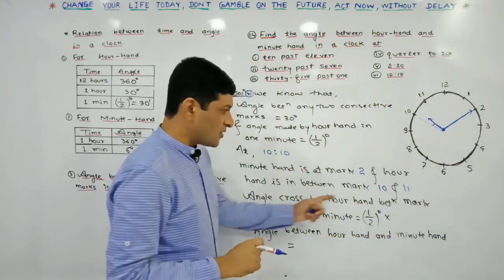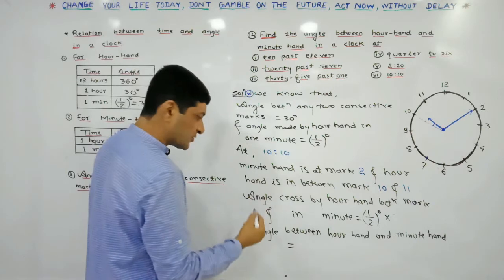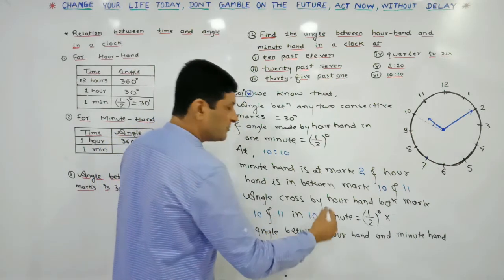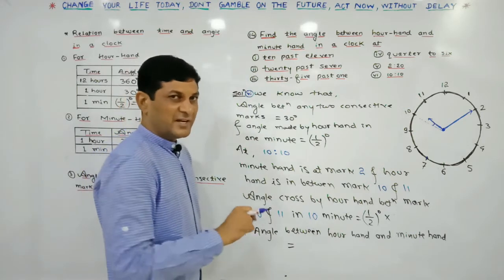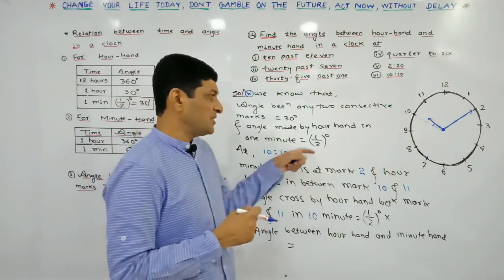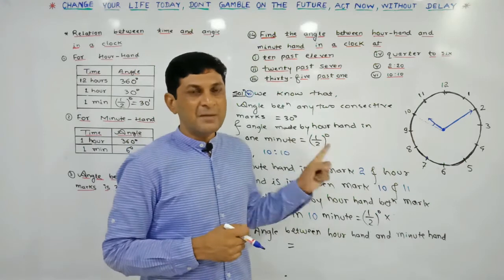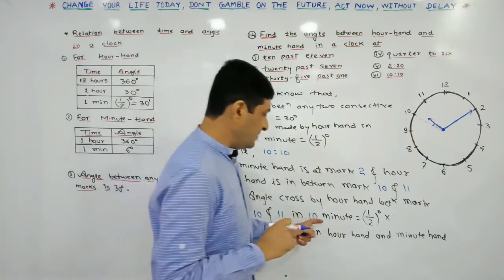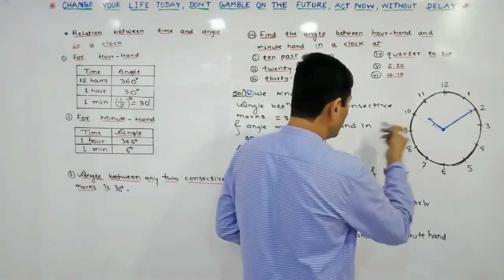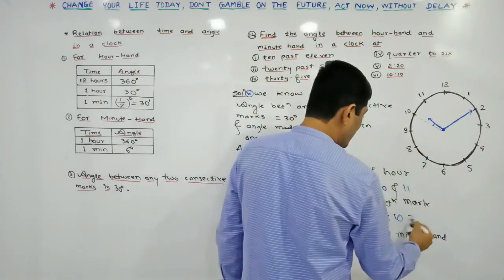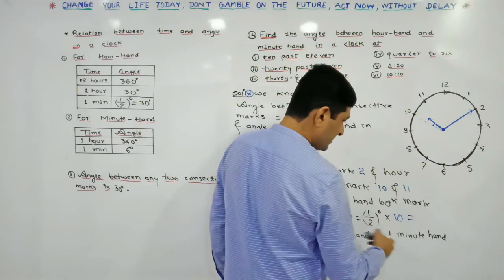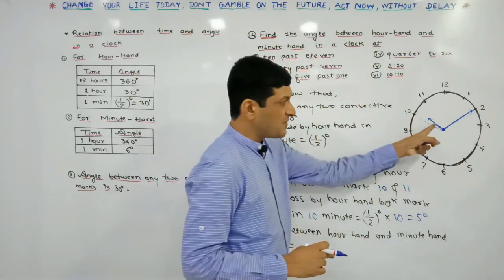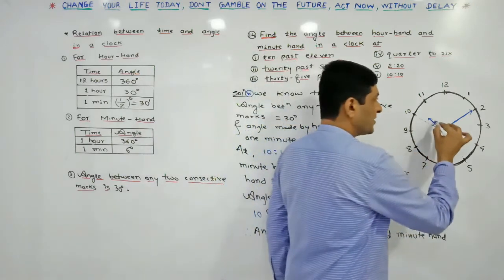To find this angle, we are using the result that the angle made by the hour hand in 1 minute is half degree. Then the angle made in 10 minutes will be 10 divided by 2, which is 5 degrees. Once this angle is known to us, we are easily able to find our required angle.